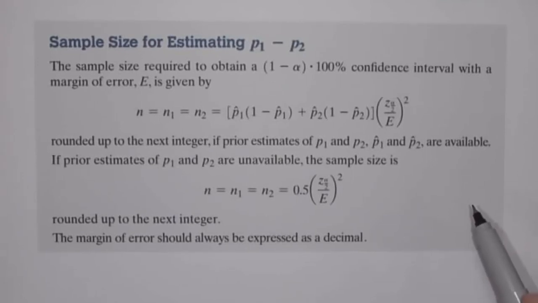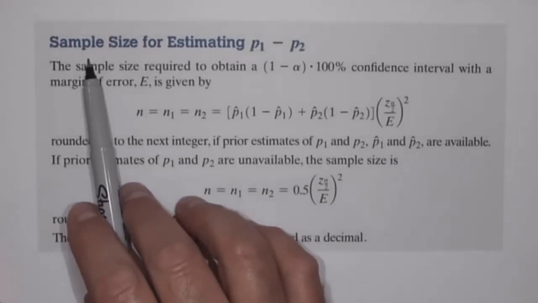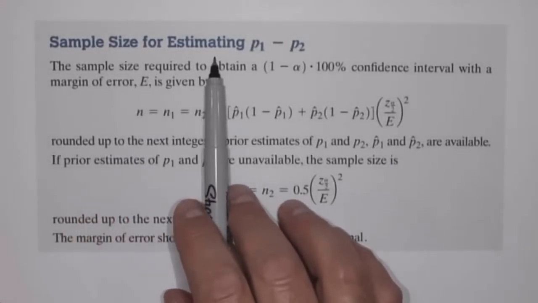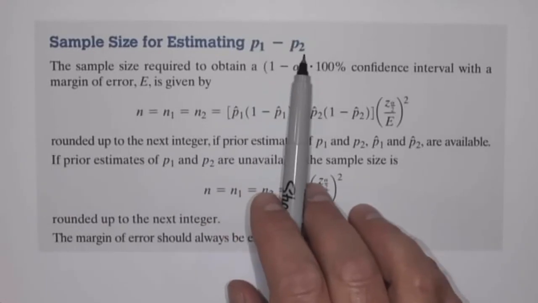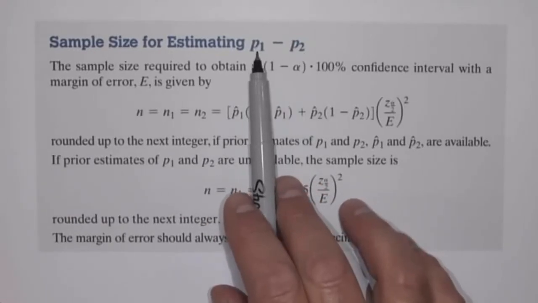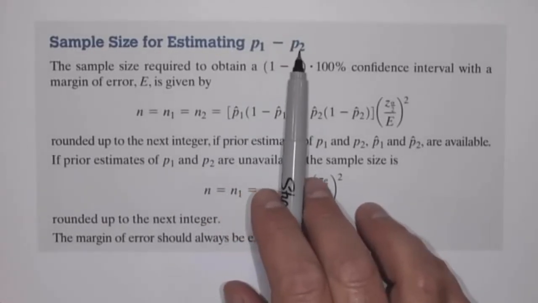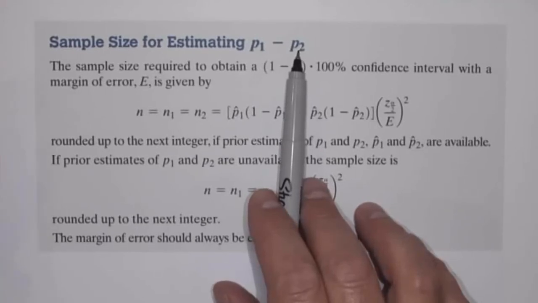This is very similar to what we did when we were dealing with a single proportion instead of two proportions. So here we have a couple of formulas that will help us determine the sample size when we're estimating p1 minus p2. That's one population proportion minus another population's proportion.